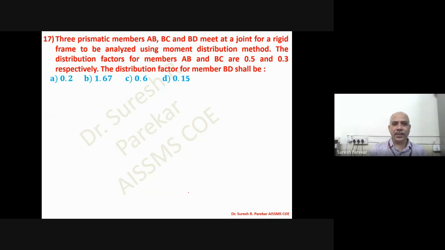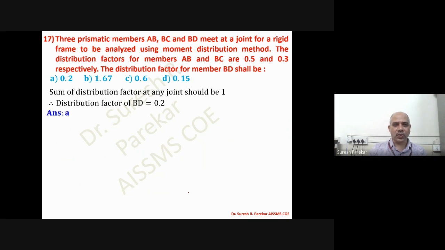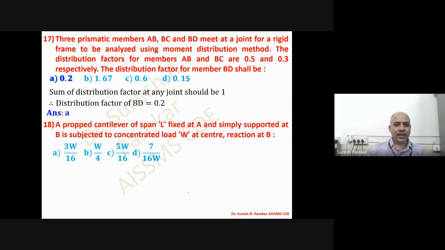And 3 prismatic members we have given, and 2 have distribution factors 0.5, 0.3. We know at each joint total distribution factor should be 1. So third we are going to get as 0.2. Option is A. Then a propped cantilever. So we know for propped cantilever the values of reaction.